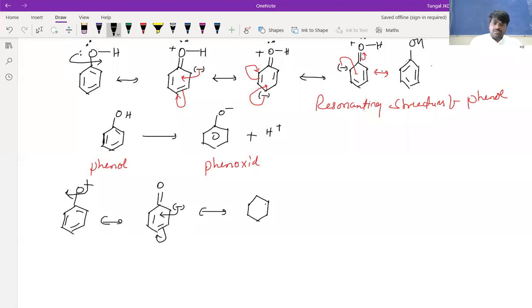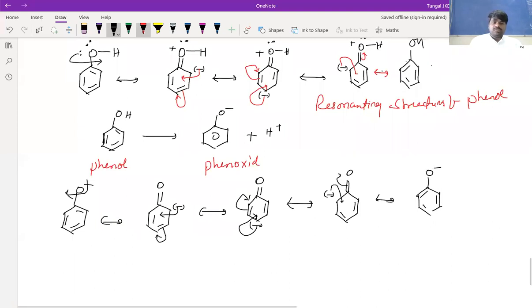Hope you know how this resonance takes place, because you have already studied it last year. So these are the two conditions responsible for the more acidic character of phenol. These are the phenoxide ion's resonating structures.